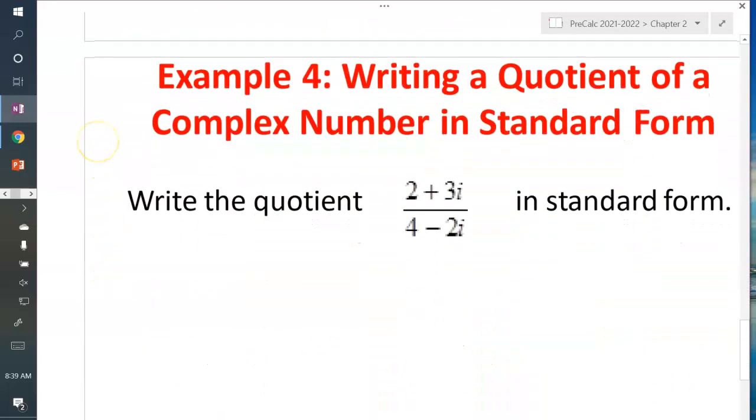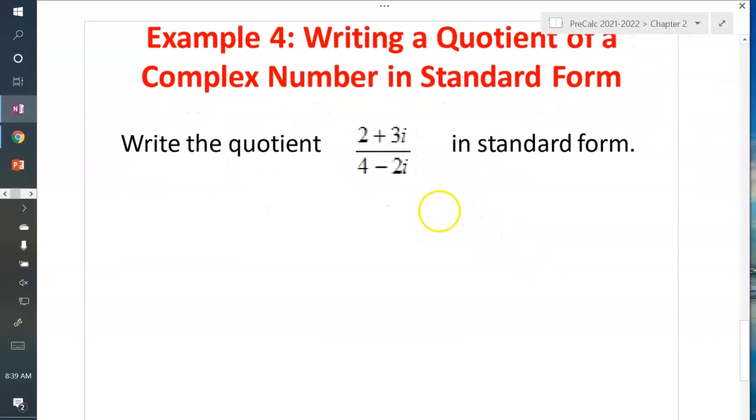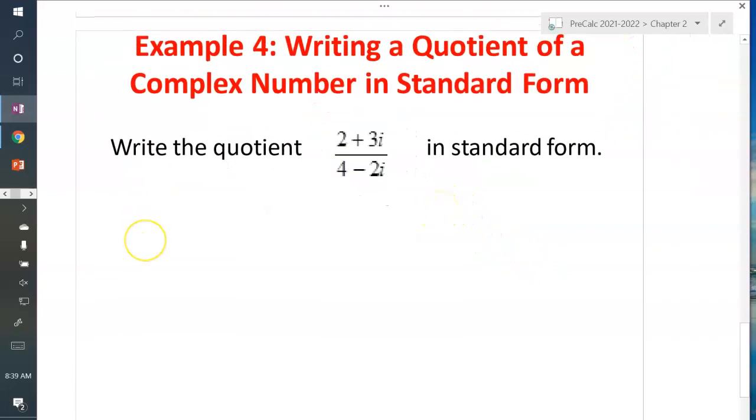Okay, so now we're going to use that property that lets us make the imaginaries drop out to do a quotient, to divide. So what we're going to do is I'm going to multiply the numerator and the denominator by the conjugate of the denominator.